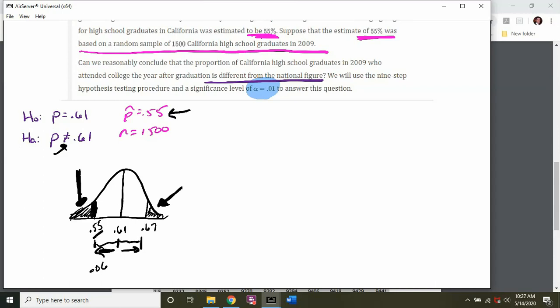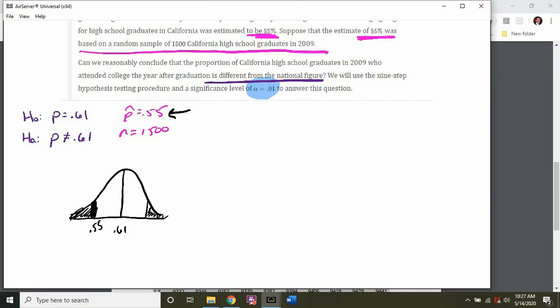We can have one value. What's the likelihood it came back that far away or further in that direction, or symmetrically off in the other direction? And that's what's called a two-tailed test. We don't ever need that extra value of 0.67 to do this. We just have to understand that this is what it means to be a two-tailed test, and that's the not equals.